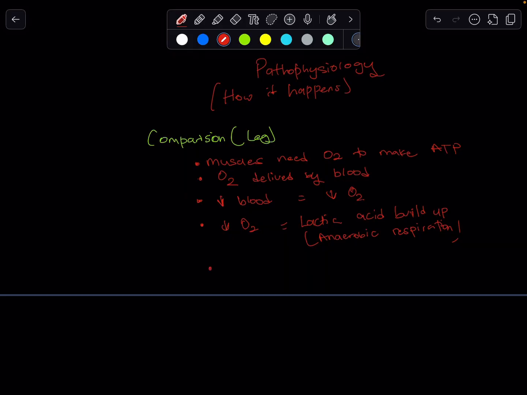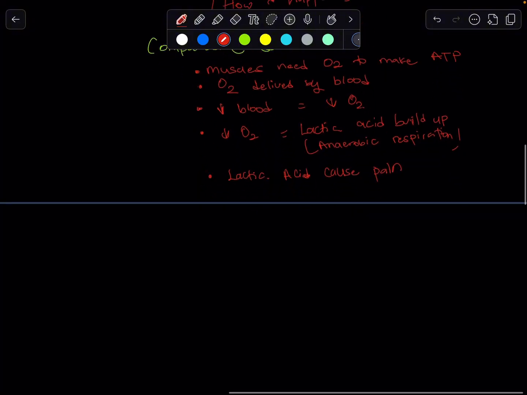And lactic acid causes pain. So now here's where the comparison comes in.